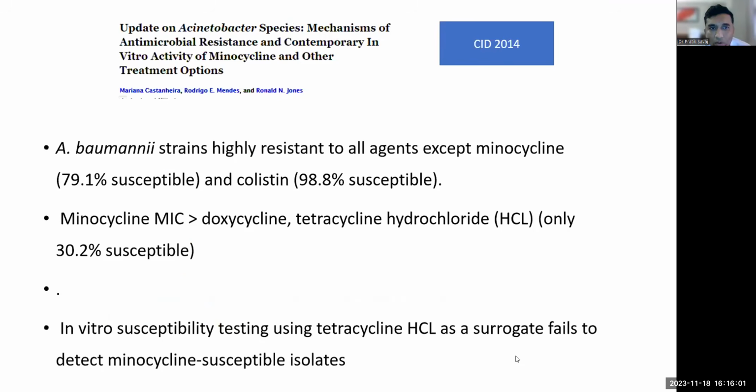The majority of data says that Acinetobacter baumannii are carbapenem resistant and they have good susceptibility to colistin and minocycline. So minocycline is one of the emerging options for the treatment of Acinetobacter baumannii.